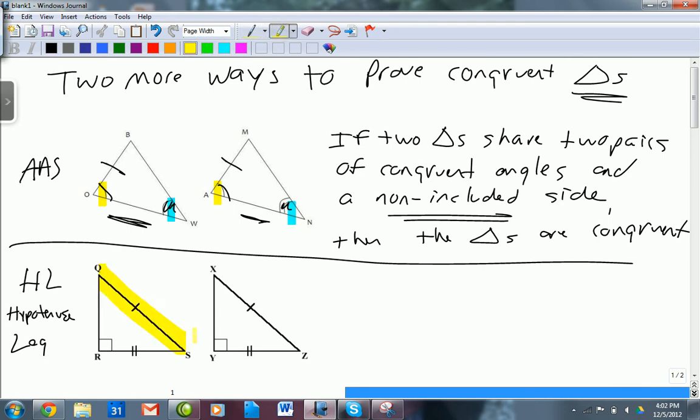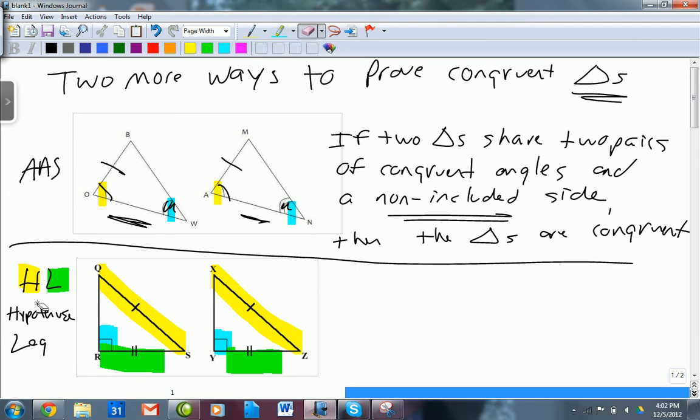So what HL says is if we have two right triangles with congruent hypotenuses and a pair of congruent legs, and we also need the right angle piece, that's essential, then those two triangles will be congruent. So this is called HL, H for hypotenuse, the two yellow pieces, and the legs can be either these two green sides, or we could also have these two sides being congruent. That would also be hypotenuse, leg.